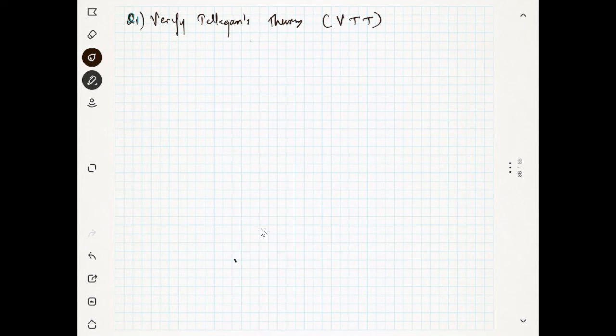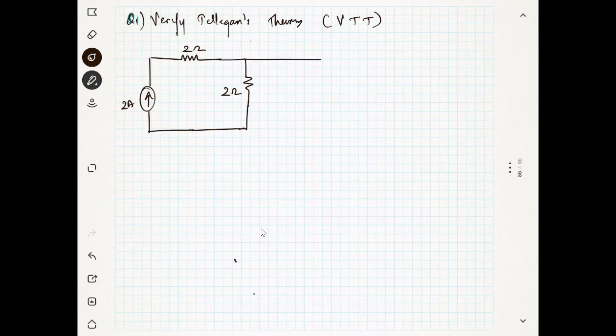Now the circuit is like this. You have a 2 ohm resistance and a 2 ampere power supply. Then you have a resistance of 2 ohm again, and you have a 2-volt battery. Now we have to find out the power across all these components. That means we are going to verify Tellegen's theorem.